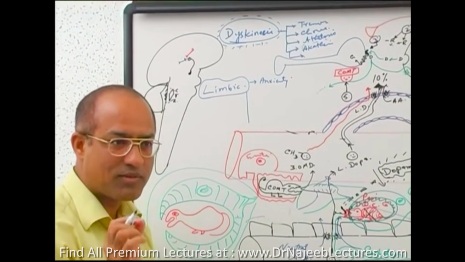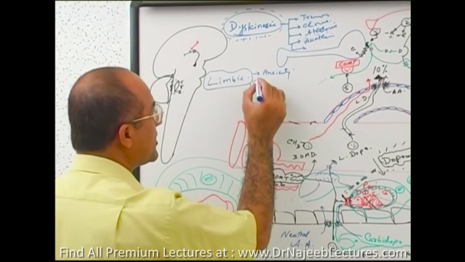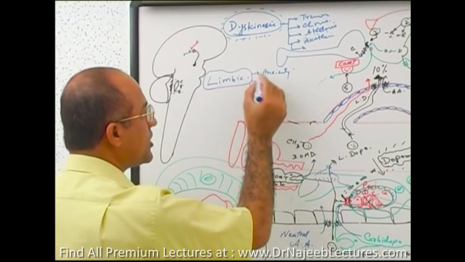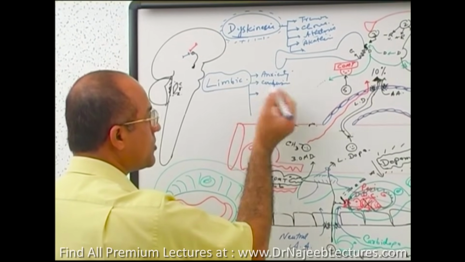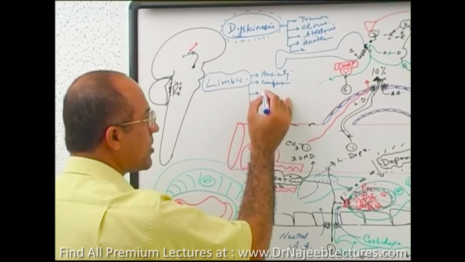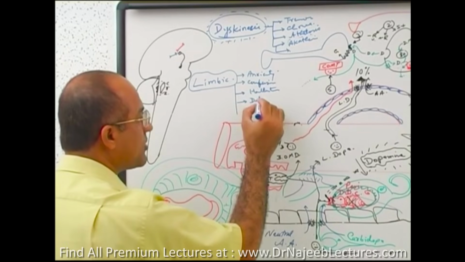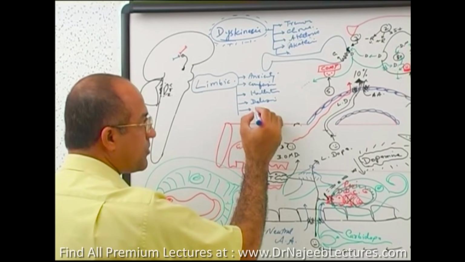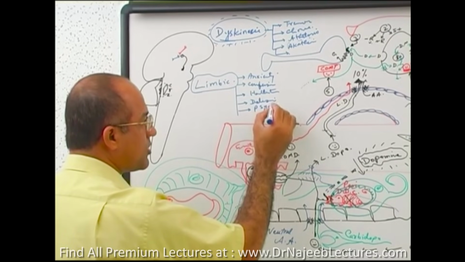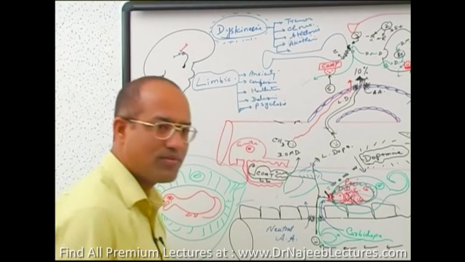Excessive dopaminergic activity progressively may produce more dangerous things. First anxiety, then confusion, then hallucinations, then delusions, then frank psychosis, full psychosis. Do you think all this is good news for the patient?